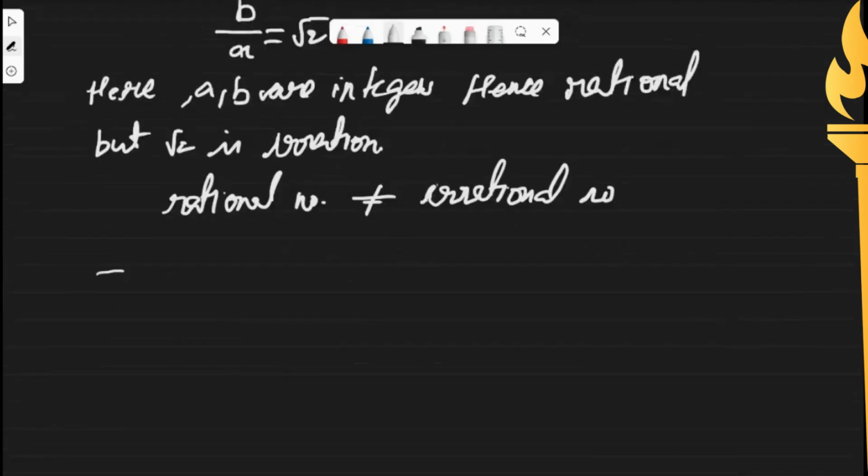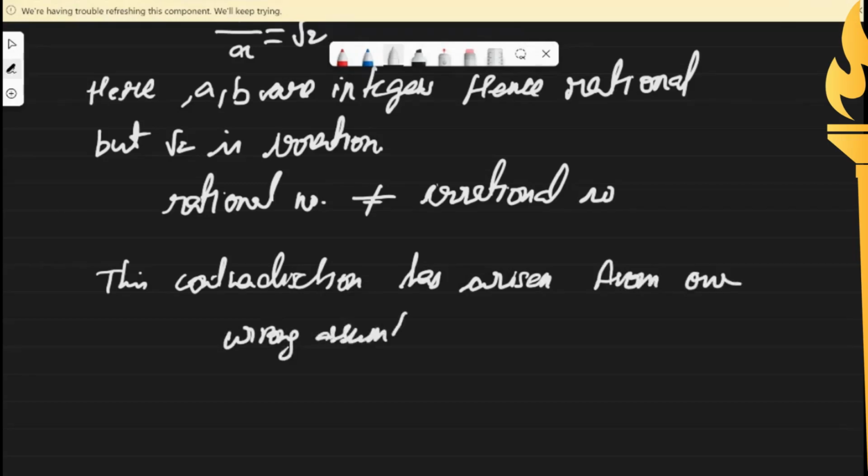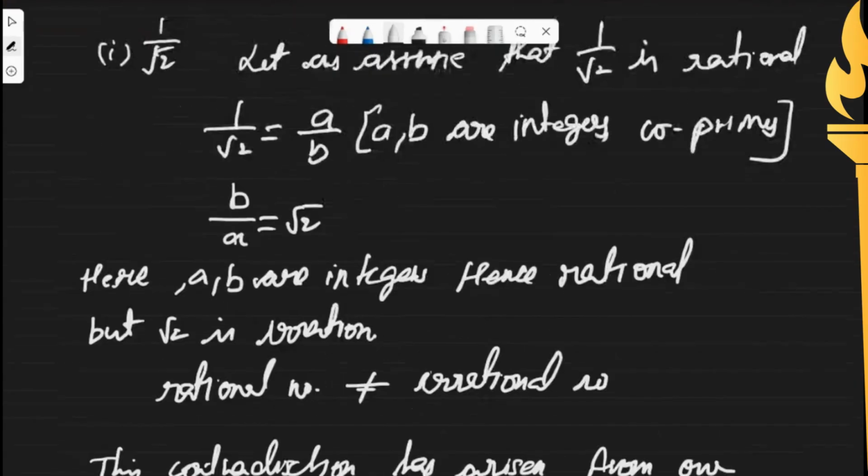So we are going to write that this contradiction has arisen from our wrong assumption. Therefore, 1 by root 2 is irrational. It was simple, nothing much.